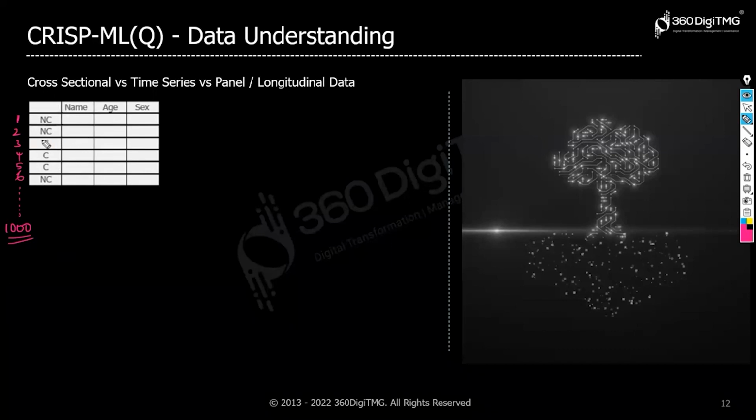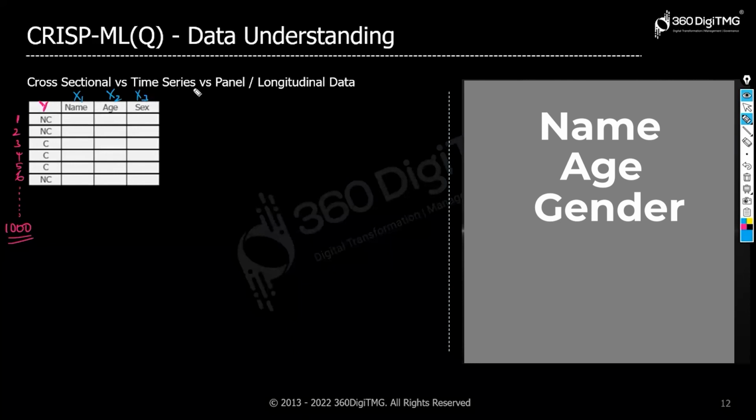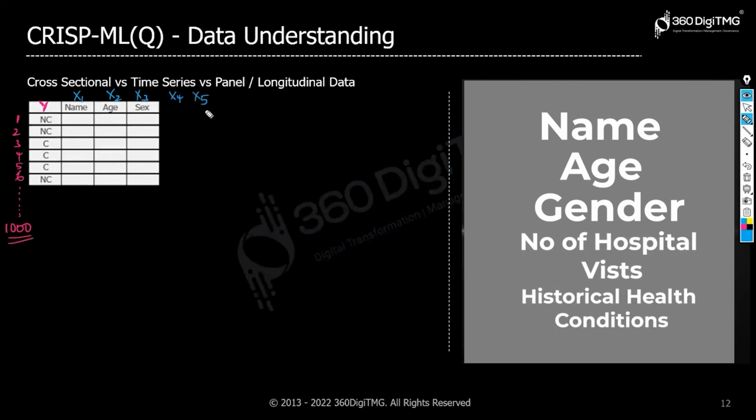For each and every customer, you have the information, and the output variable is represented using Y. And you have name, age, gender, number of hospital visits, historical health conditions, and so on. So you have a lot of inputs.